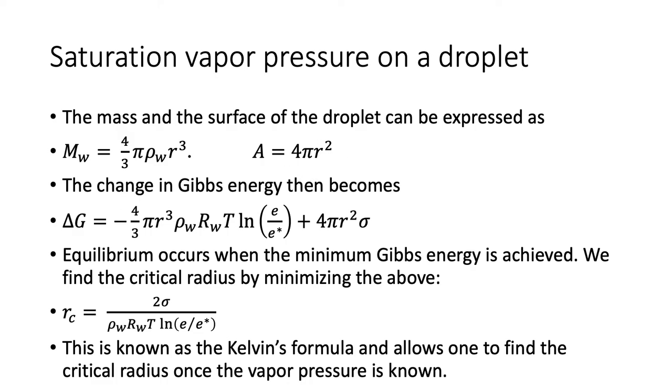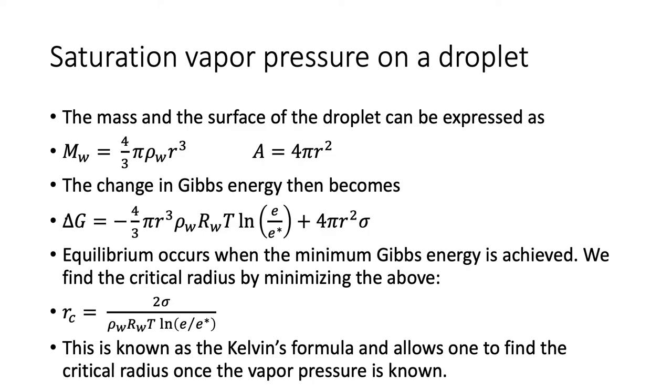Remember, volume of a sphere and area of a sphere. Plug everything back in, and this is what you should be getting at the end of the day. And when we are at equilibrium, the Gibbs energy reaches a minimum, and therefore this delta G equals 0.